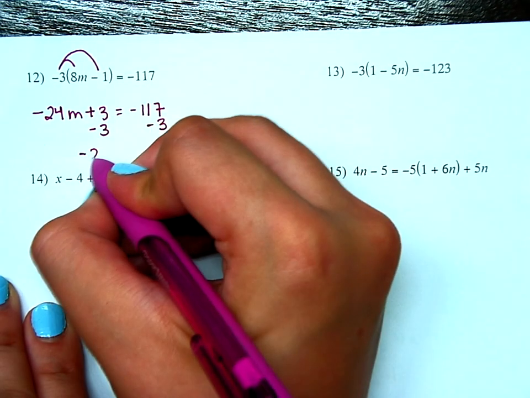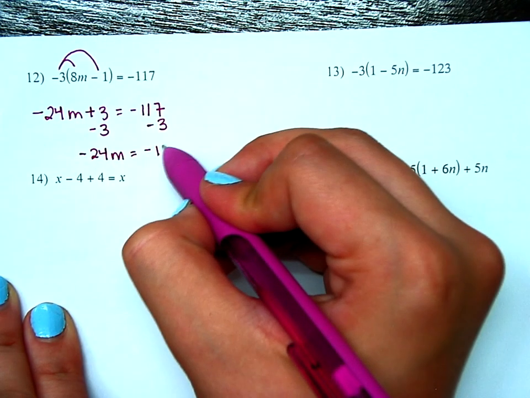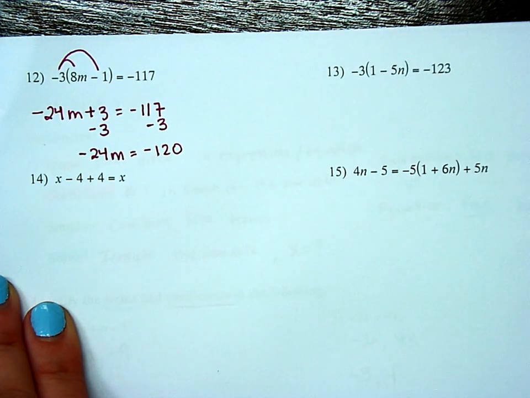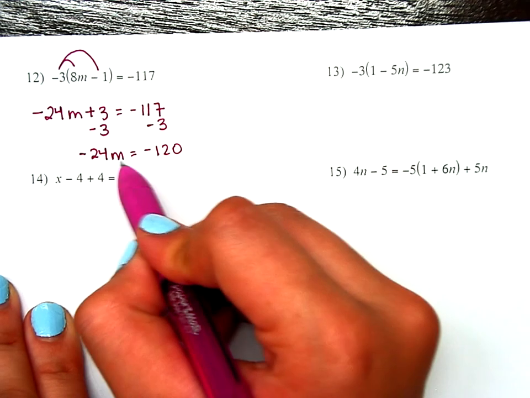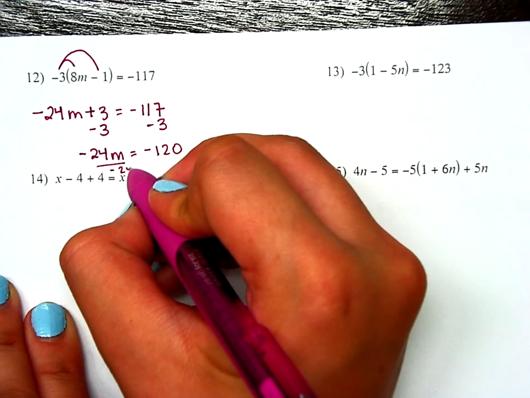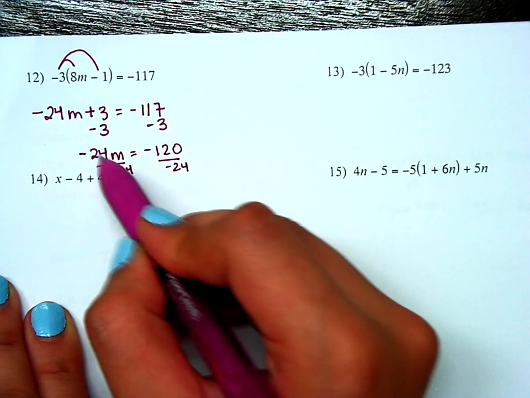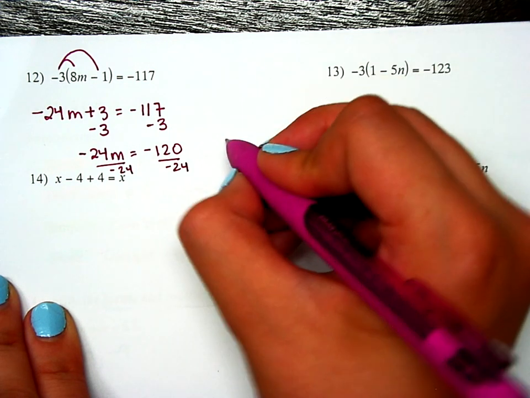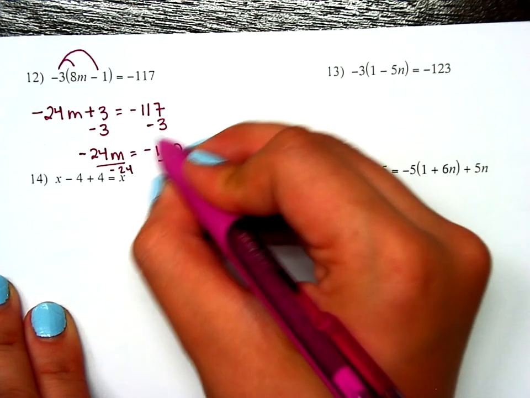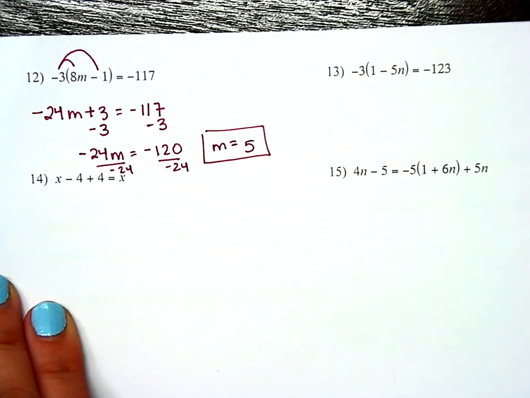So now I've got negative 24m on the left, and now I've got negative 120 on the right side. Okay? So if I divide both sides, now I'm undoing multiplication, negative 24. So I undid this, or did the opposite operation. Then what I have left is m equals, if I do this in my calculator, I should get positive 5.